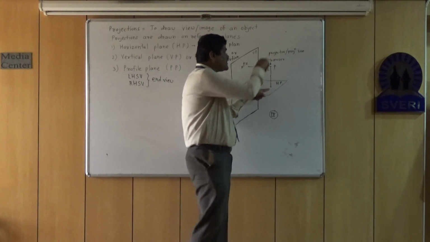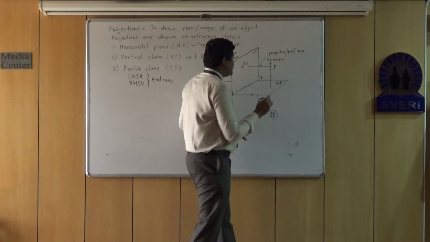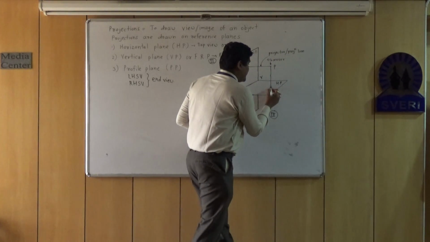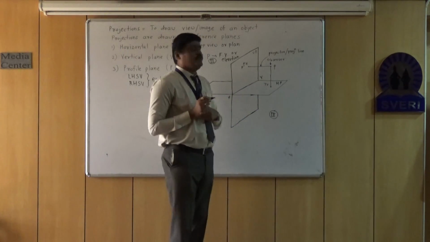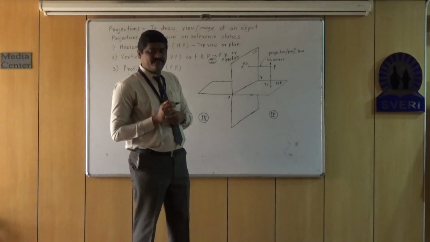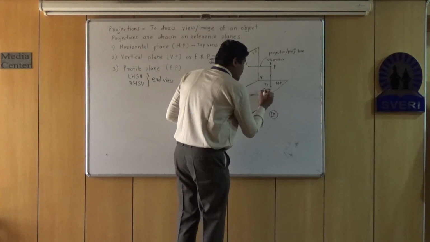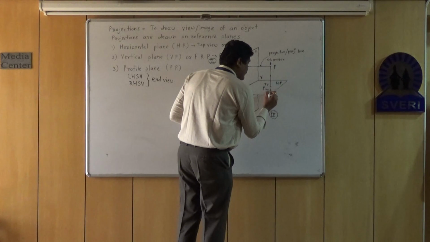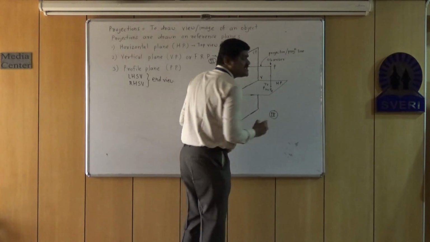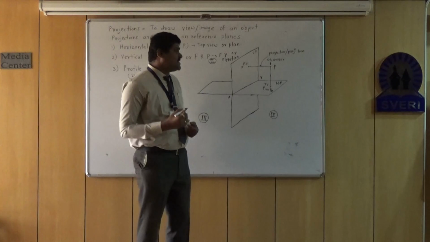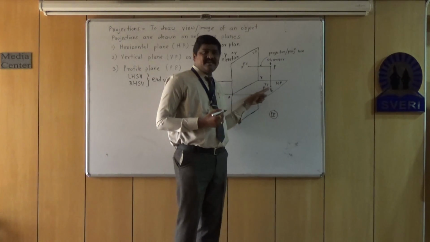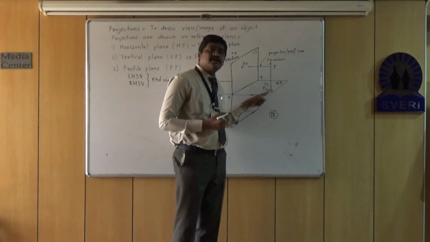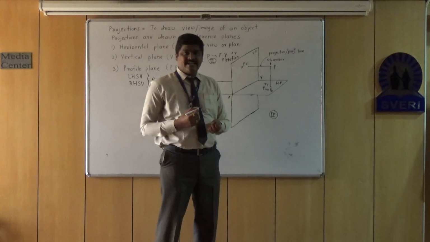As the observer is looking from the top side, this view obtained in HP is called the top view of the point. It is denoted by small p or PH. PH means the view of the object obtained in the horizontal plane.